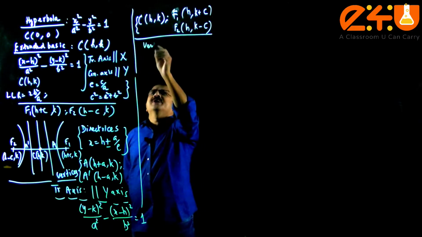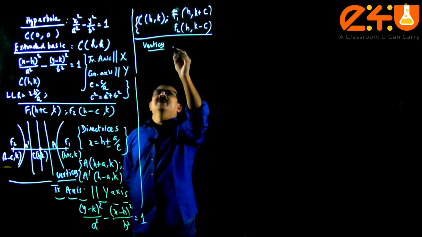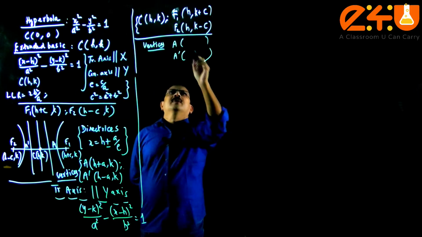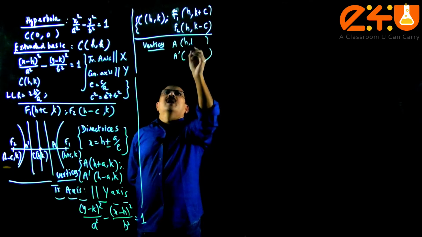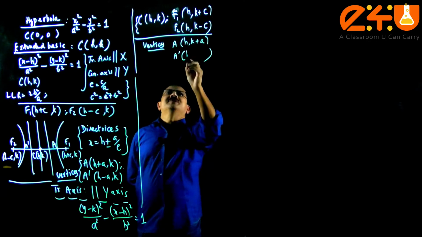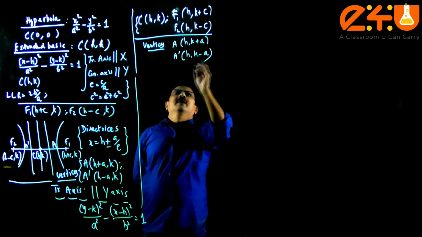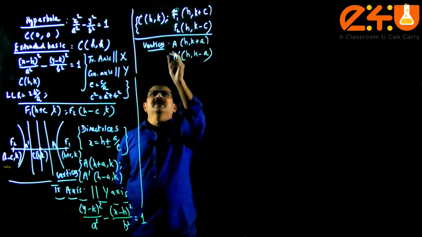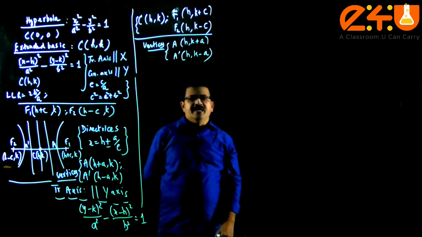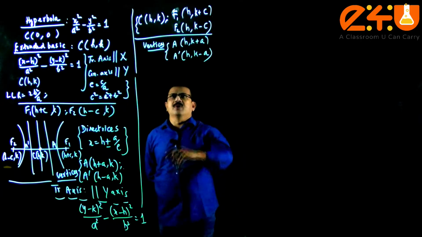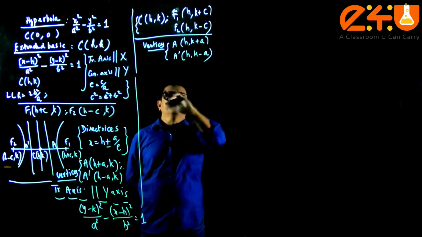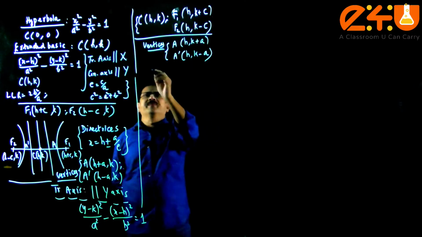To get vertices, the ends of the transverse axis, that's called vertices A and A dash: h comma k plus a, h comma k minus a.